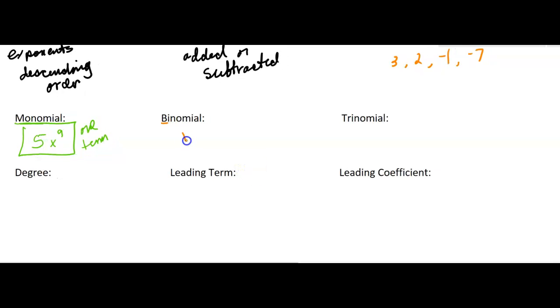So I might have x plus 3. That would be considered a binomial. It's a really nice binomial, but it's when we have two terms. A trinomial, well, you'll never guess, is when you have 3 terms. So you could have a trinomial like 3x squared plus 7x plus 10. That would be considered a trinomial.